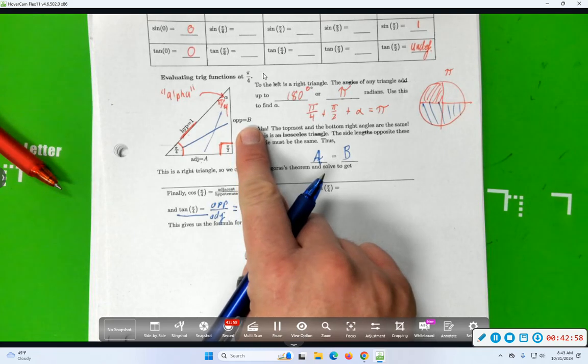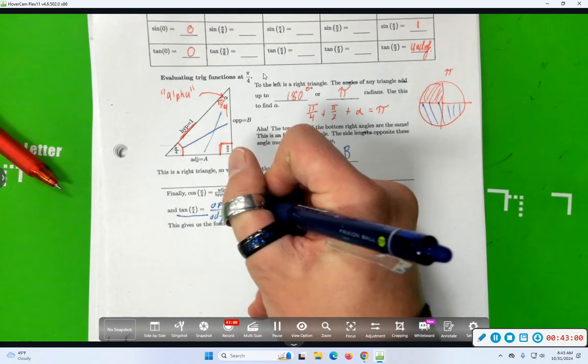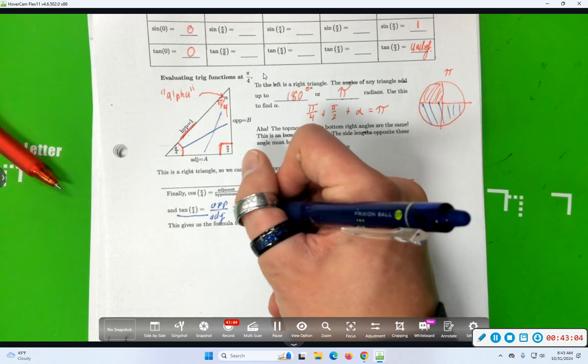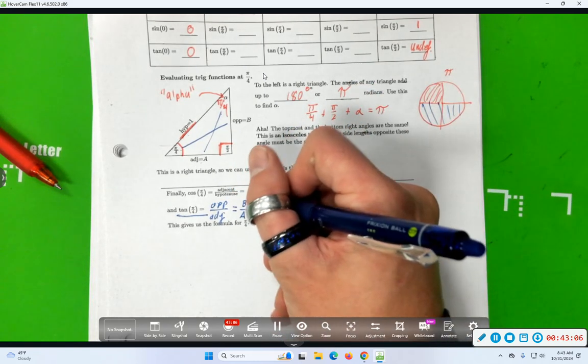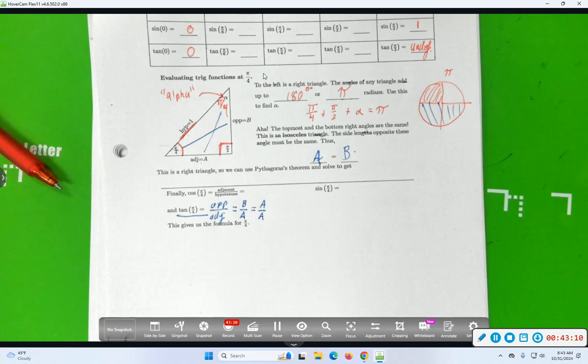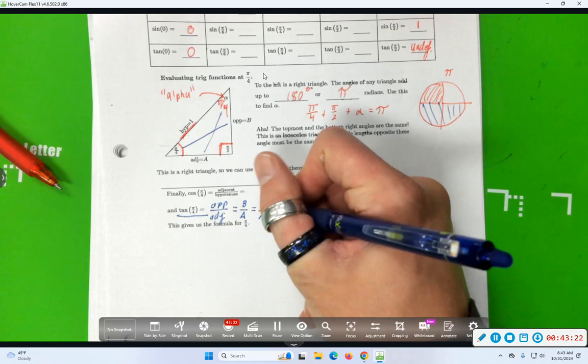B, I guess? Adjacent is A. Ooh, but B equals A. So that's the same as A over A. Oh, what's A divided by A? 1. I guess as long as A isn't 0, but is it obvious in this picture that A cannot be 0? Yeah, cool. Tangent of pi over 4 is exactly 1.